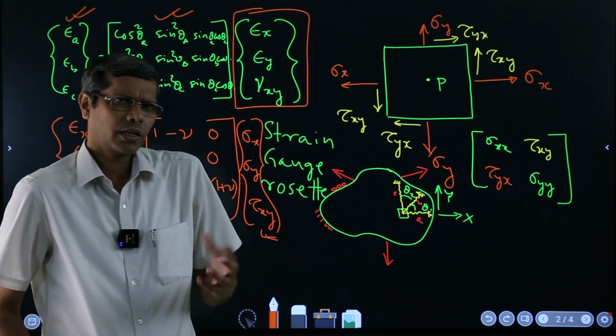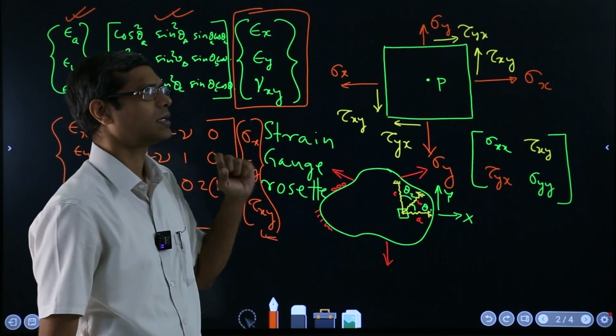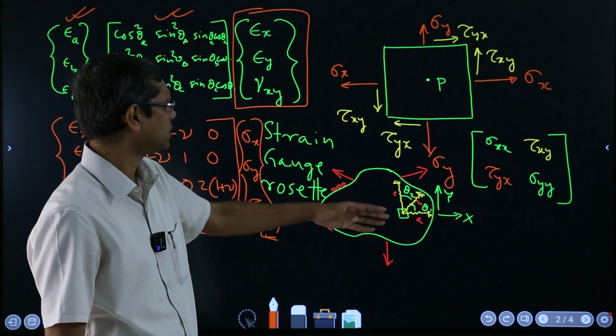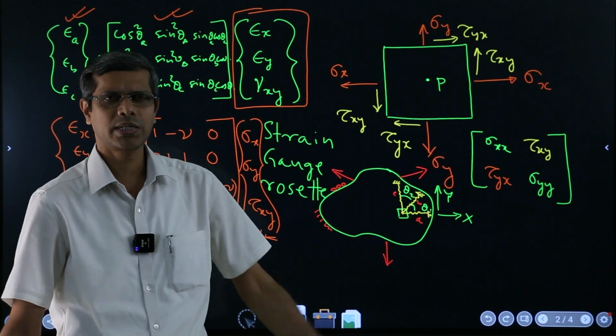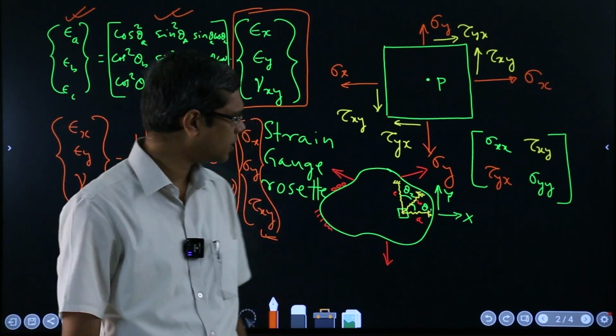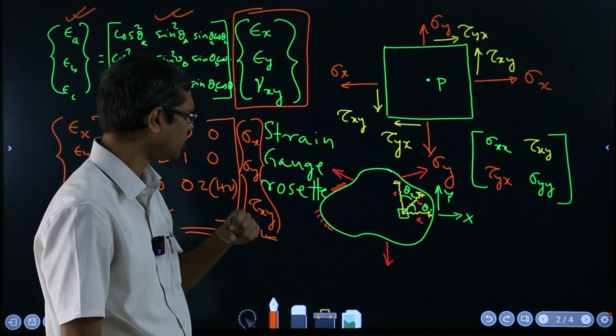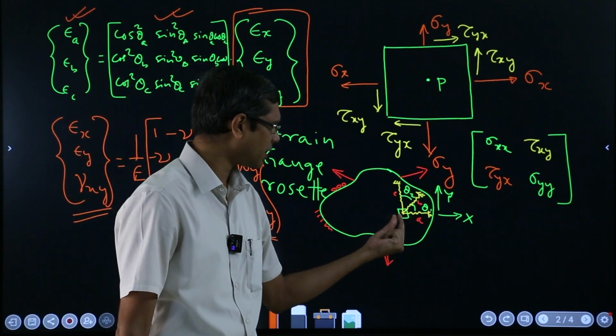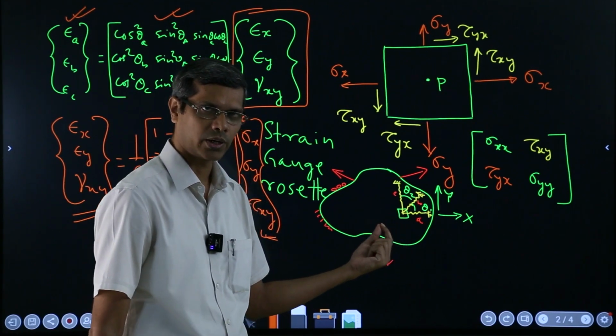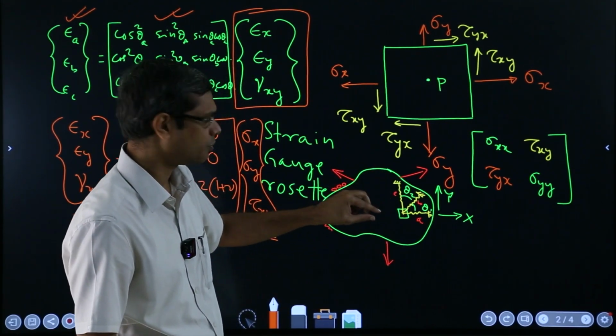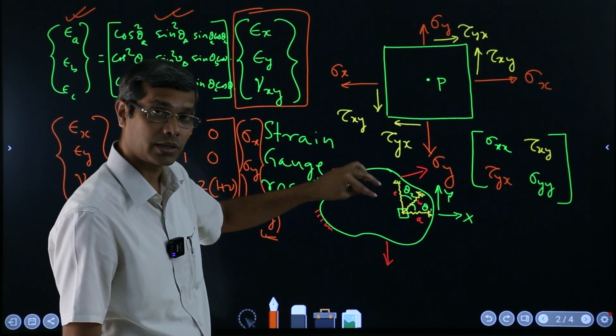But then you can say, okay, I'll put these things and measure the stresses, so what is the problem? The problem is you will have to remove this from the glue and put it in a different direction.